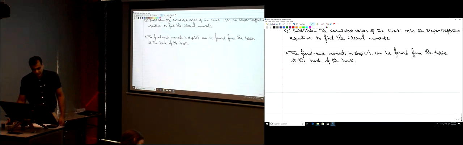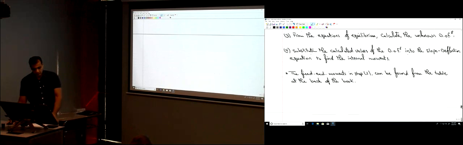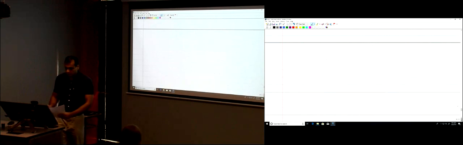Let's apply those steps now. Let's solve some examples using the slope deflection method.